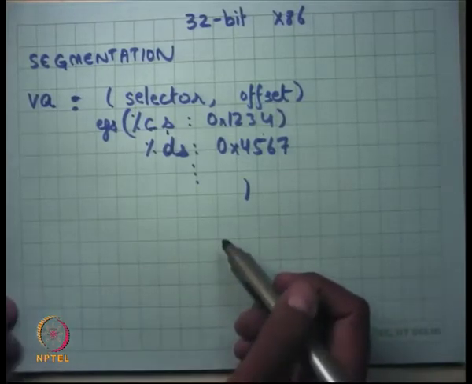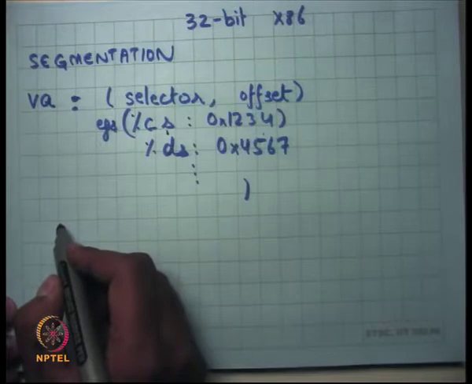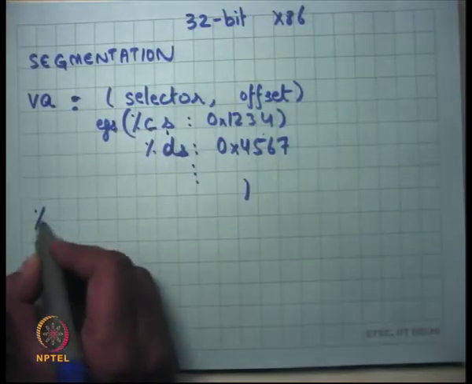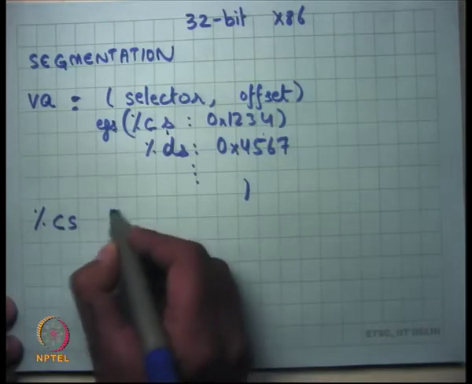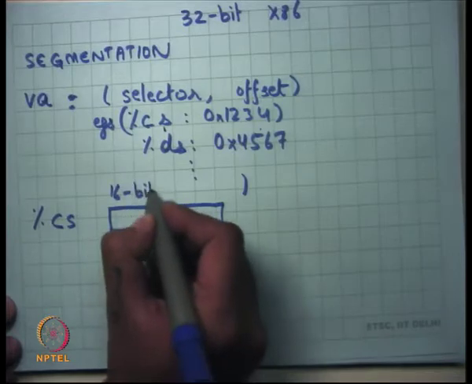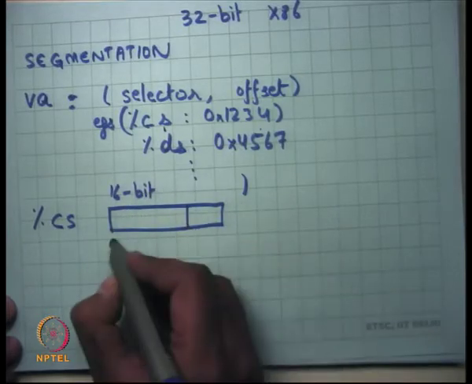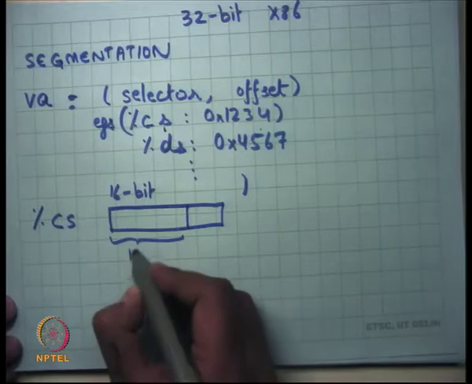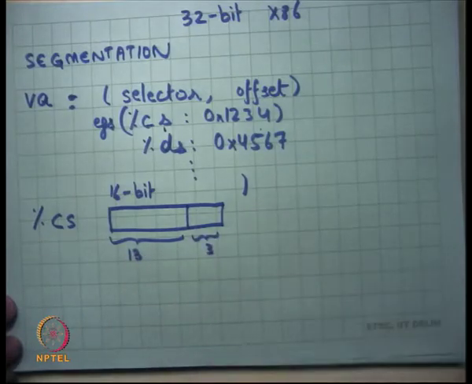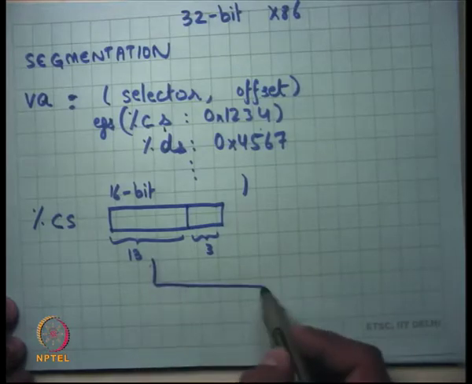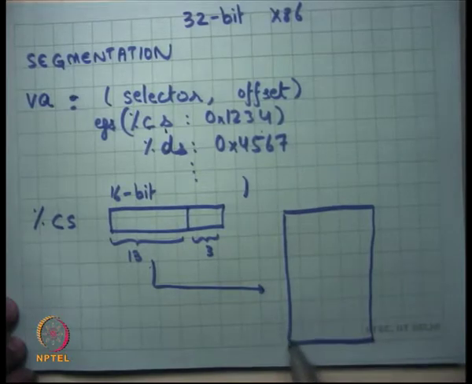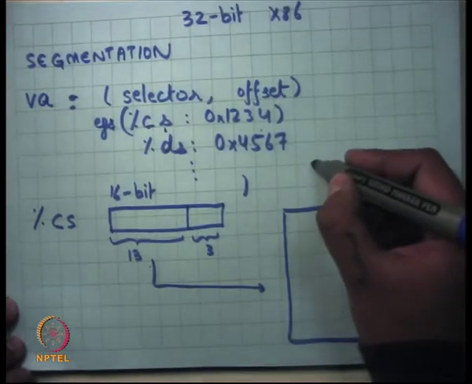All right. So the selector, let's say it is CS, is a 16-bit register of which the top 13 bits are used to index into a table which we call the descriptor table.